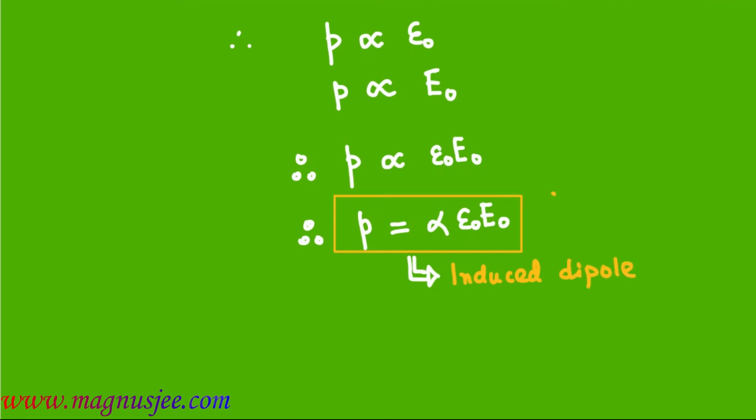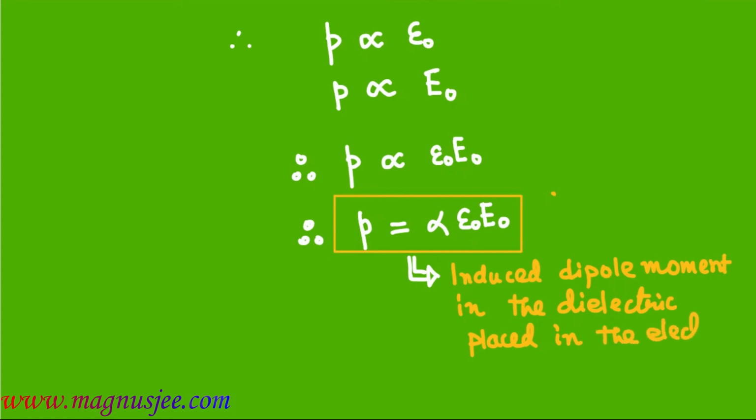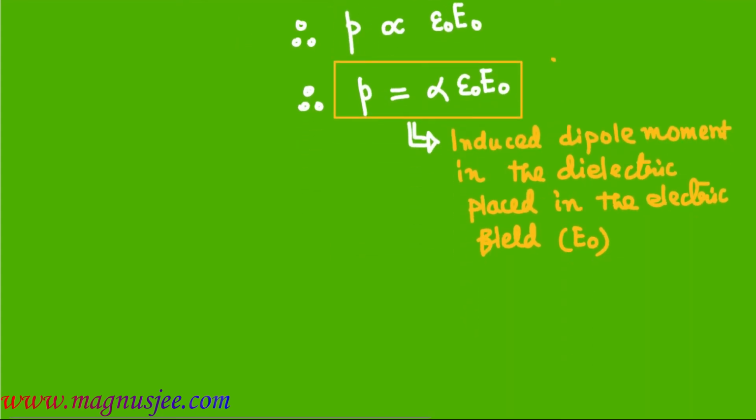The induced dipole moment in each molecule of the dielectric placed in an electric field is zero. It should be: the induced dipole moment in each molecule of the dielectric, when not placed in an electric field, is zero.